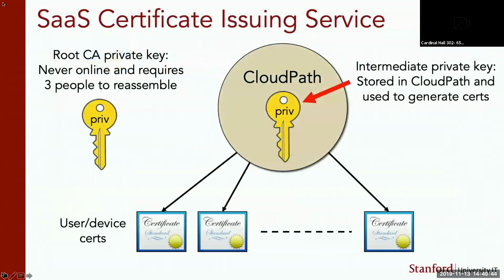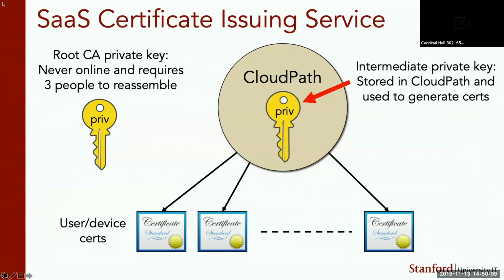And this is important. We chose to use a SaaS solution for actually generating the Cardinal keys, and it's called CloudPath. The reason we chose it is because CloudPath is known to be good for getting certificates onto devices and helping to configure them, which has been one of the big stumbling blocks in PKI adoption for a long time.